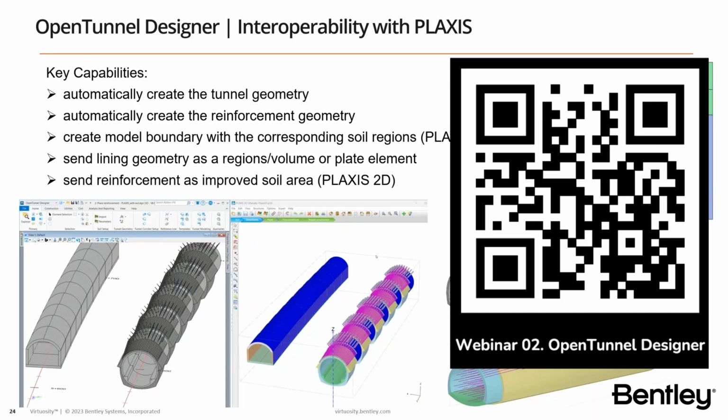But even so, we have seen from our early access users a different approach, where they need to create a high level of detail for the physical model, basically the OpenTunnel model, but they don't need that higher level of modeling for Plaxis.